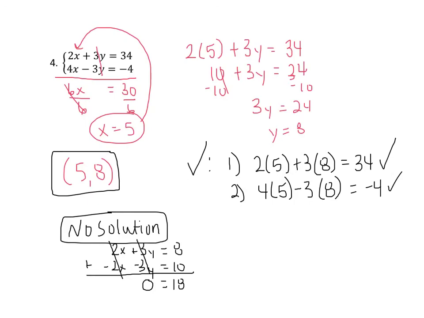And what I say is, if you end up with a false statement, like this statement right here, 0 is equal to 18, well, this is a false statement, so when it is a false statement, your answer is no solution. Okay, so what's going to happen if your answer is infinite solutions? Well, what's going to happen there is everything is going to cancel.